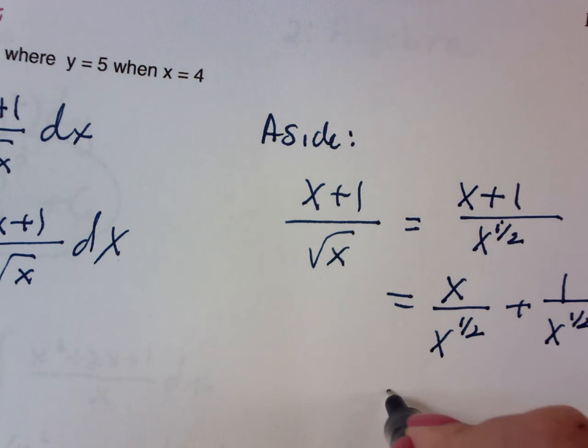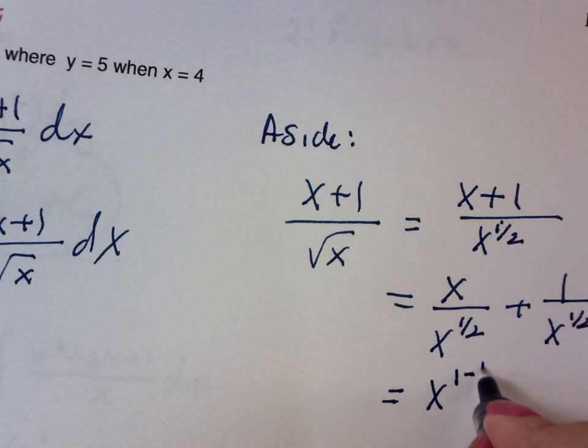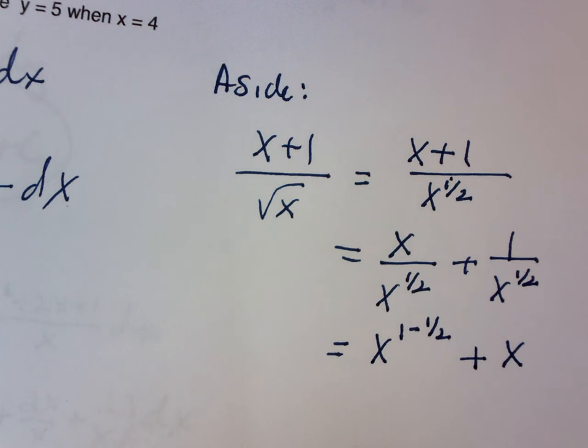So now, this would be x to the 1 minus 1/2 plus x to the what? Negative 1/2. Which is x to the 1/2 plus x to the negative 1/2. That's going to be my new integrand. And if this is my new integrand, what rule is it? Power.